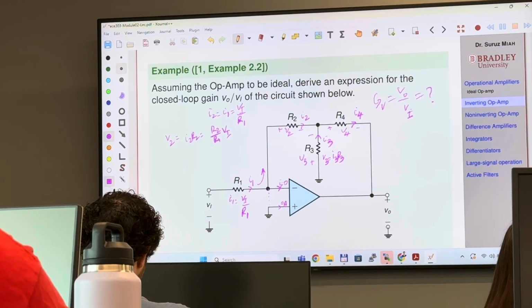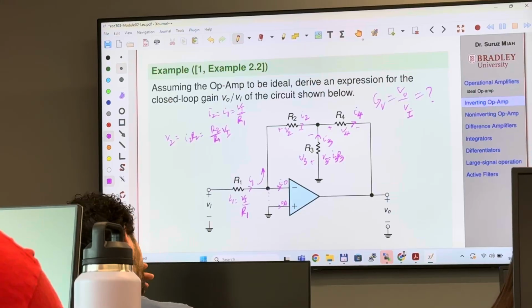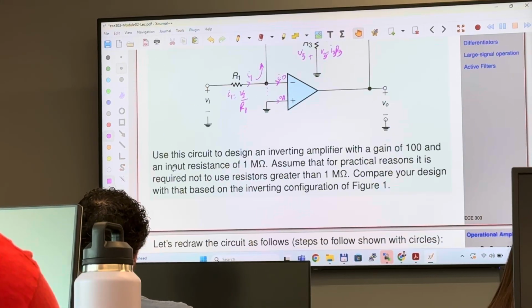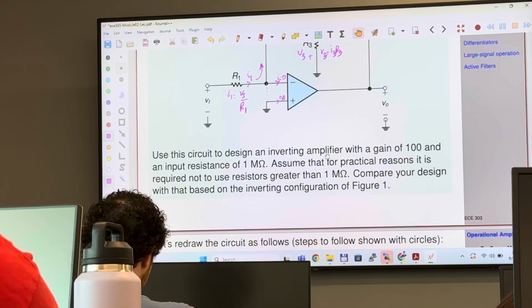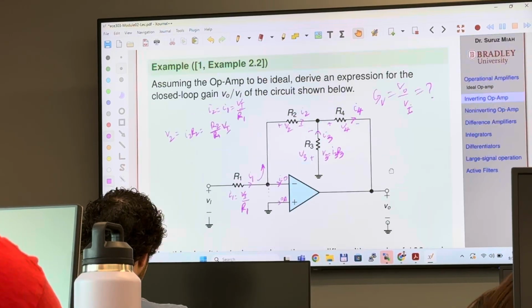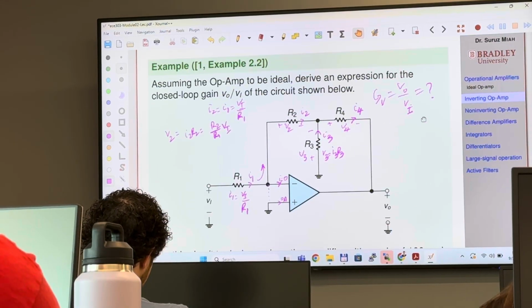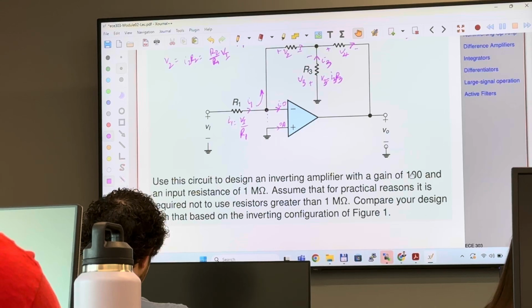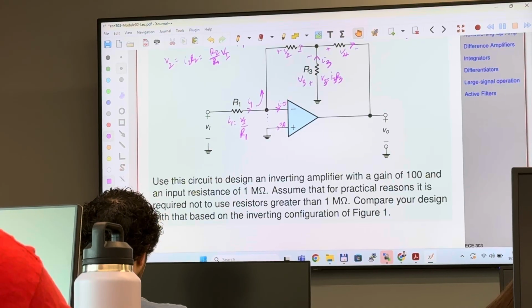How to pursue this? And after you do that, use this circuit to design an inverting amplifier with a gain of 100, which means that I want GB to be negative 100. Negative why? Because it's an inverting amplifier.